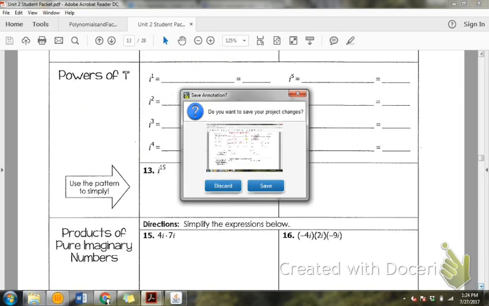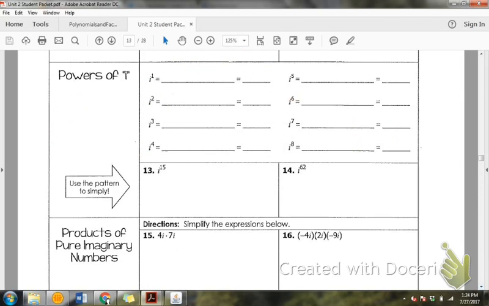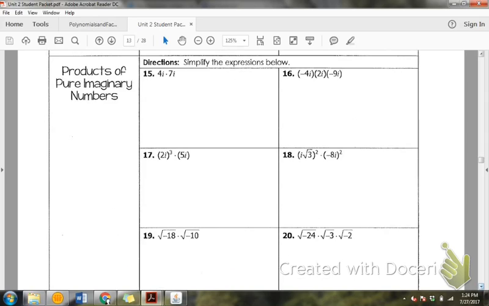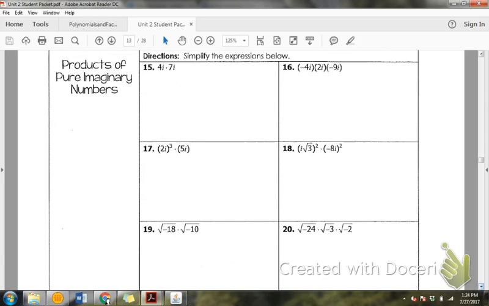It says simplify the expressions below. If I said 4x times 7x, what would the answer be? 28x squared, right?